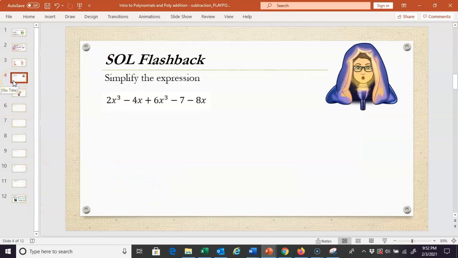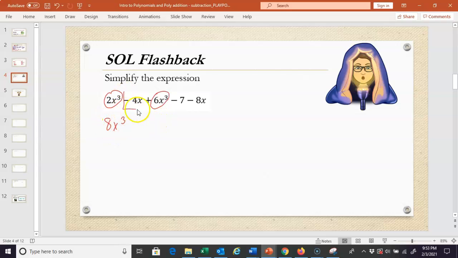So before we move on to our next topic, I wanted to do a flashback and review how to simplify expressions. So remember that when you're simplifying expressions, you can only combine like terms. So here's an x cubed term, and here's an x cubed term, which means we can go ahead and add those together. So 2x cubed plus 6x cubed is 8x cubed.